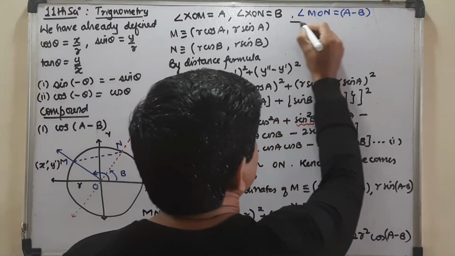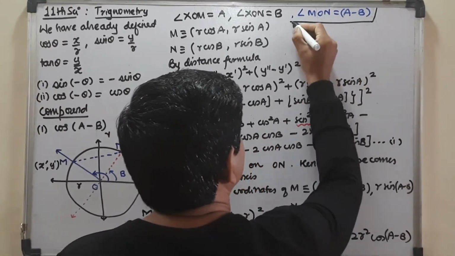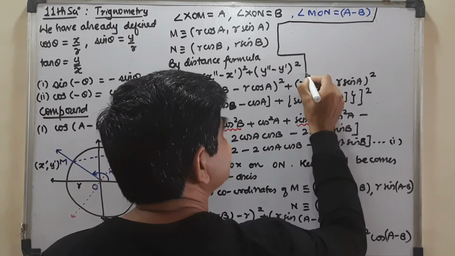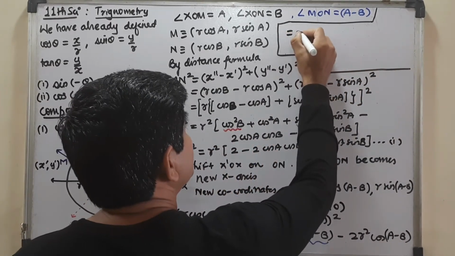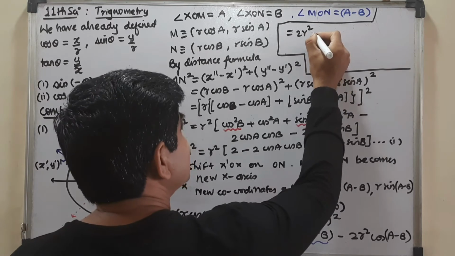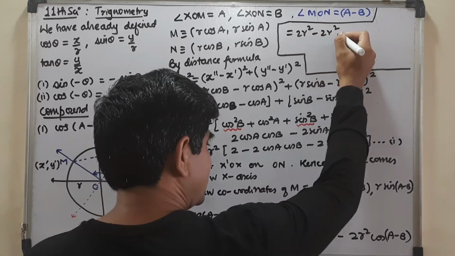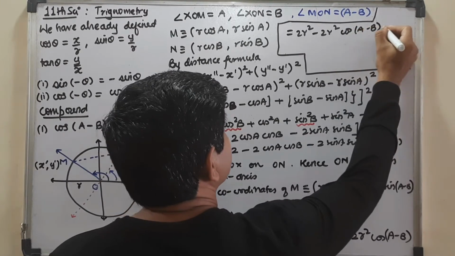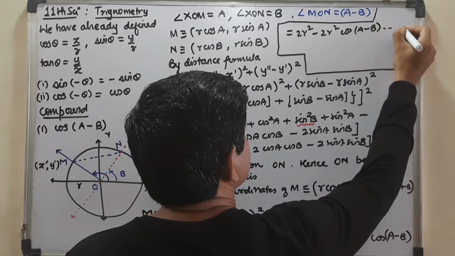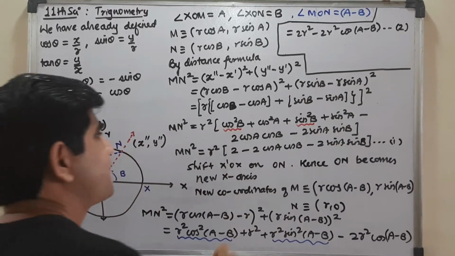So you get here 2r square minus 2r square cos A minus B. This is your second one.